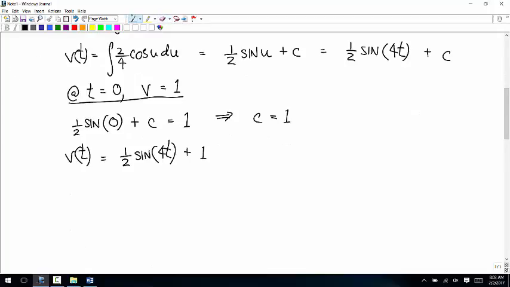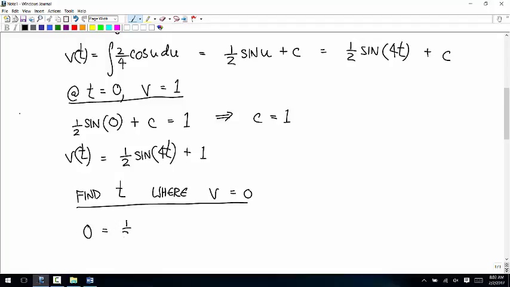How are we going to specify when it changes directions? Velocity is equal to 0. So we want to find a time where velocity is equal to 0. So set 0 equal to 1/2 sine of 4t plus 1.